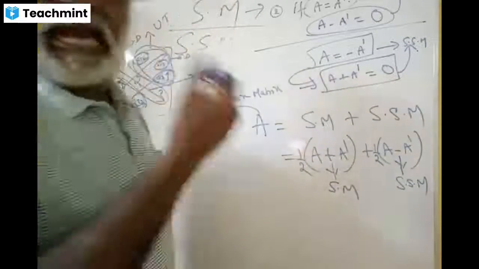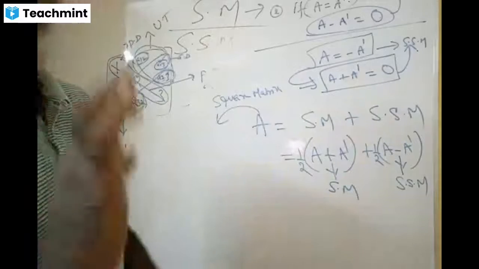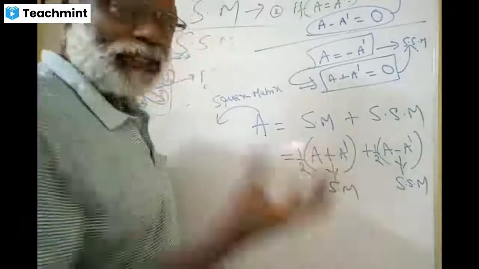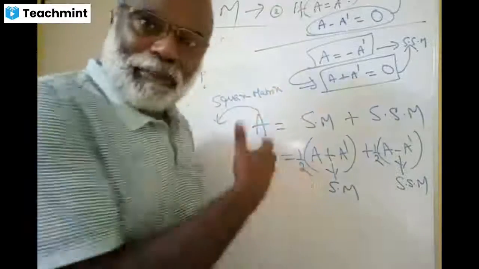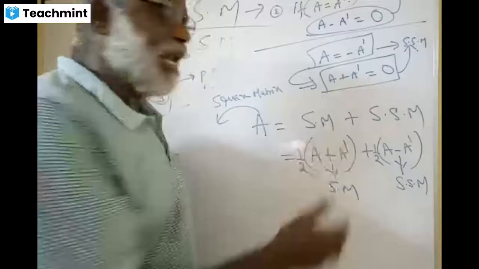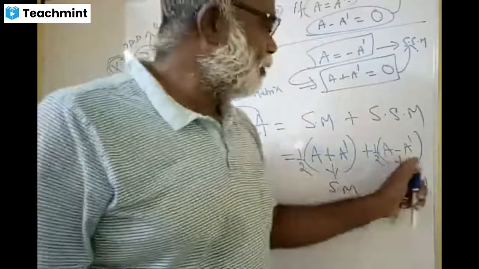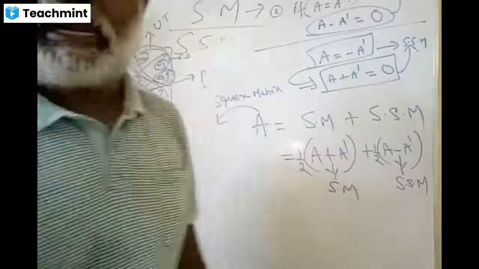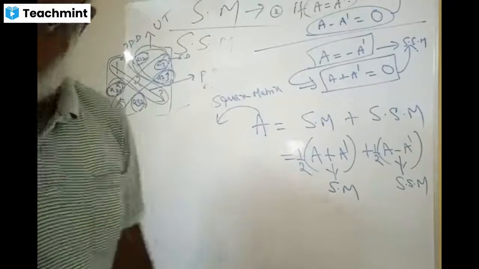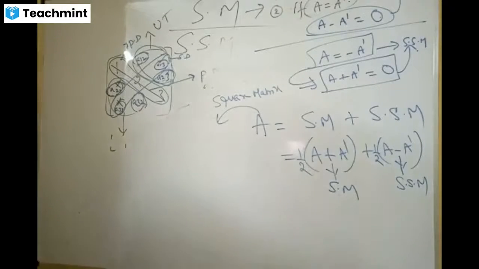Half is a scalar quantity, so it does not affect the matrix. Whatever property A plus A dash holds, the same property remains when you multiply with half. Therefore, half into A plus A dash is a symmetric matrix, and similarly for the skew symmetric matrix. Is this clear? Yes, sir. Fine.